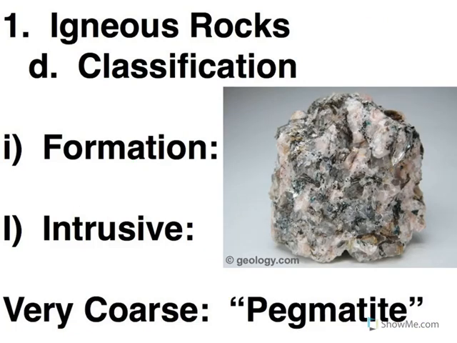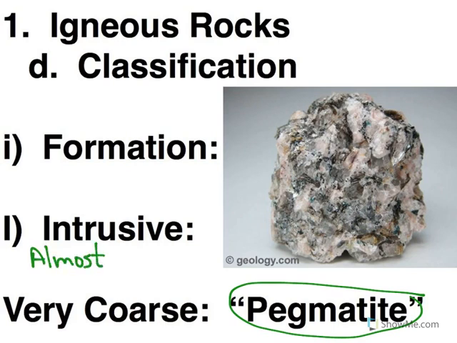You can also get what's called pegmatite, and here your grains are very large, almost crystalline grains. And when you see that, you know that you are dealing with a rock that falls into the category of a pegmatite.